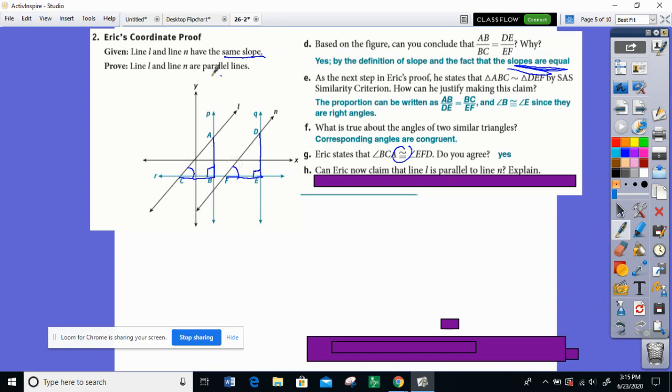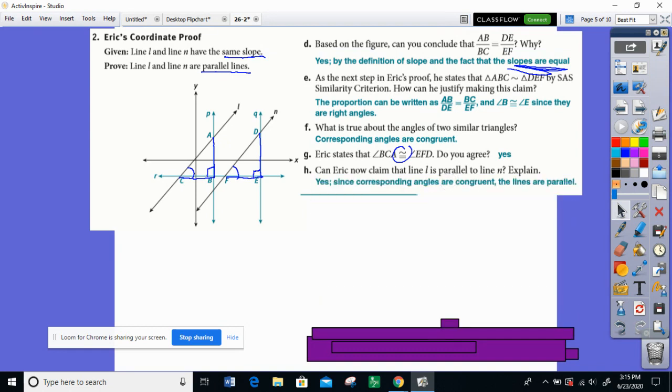All right, and remember, our goal was to prove that lines L and N are parallel. So can we say for sure that line L is parallel to line N? Well, yes, we can. If corresponding angles are congruent when two lines are cut by a transversal, which is what line R is, then we know that the lines are parallel. That's actually the converse of the corresponding angles postulate.